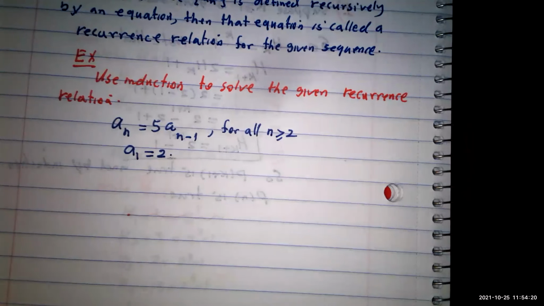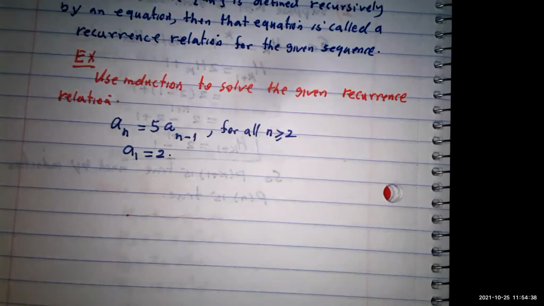Now, how are we going to do it? Again, list some members to see if you can guess the form of the general solution, and then use induction to prove it. Okay, there you are. Solution.